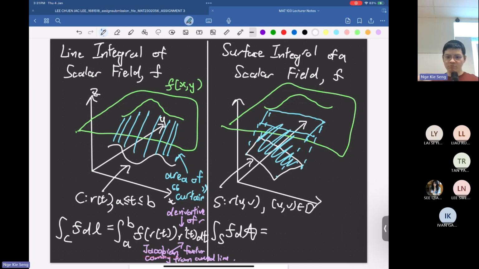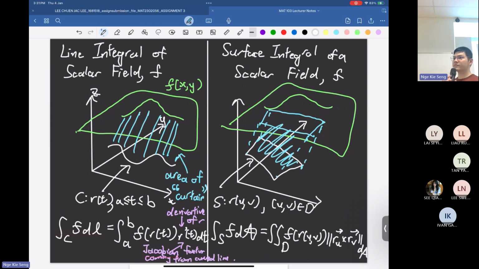So we need to make it into a double integral over D of f evaluated at the parameterized surface, and then multiply by the area of the parallelogram, or the Jacobian factor. What's the Jacobian factor here? It is the norm of r_u cross r_v, and then dA.